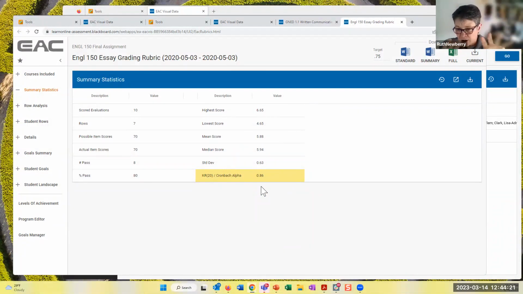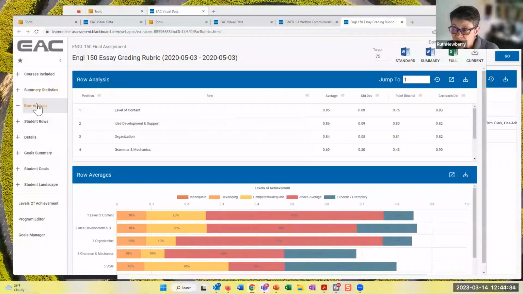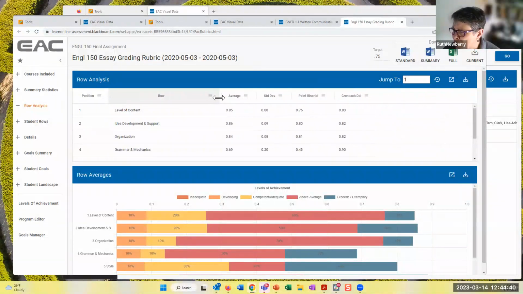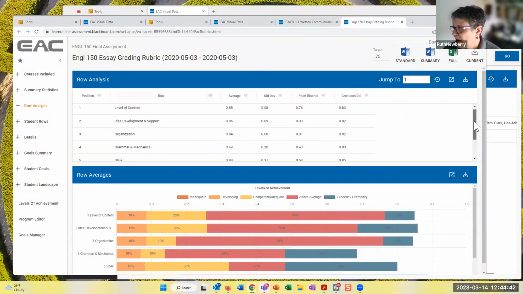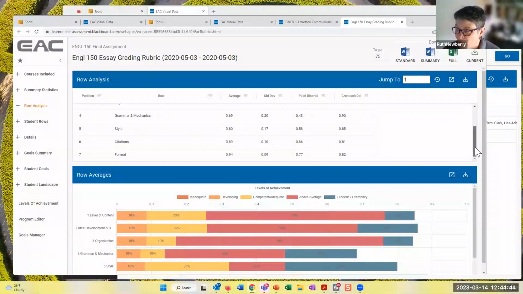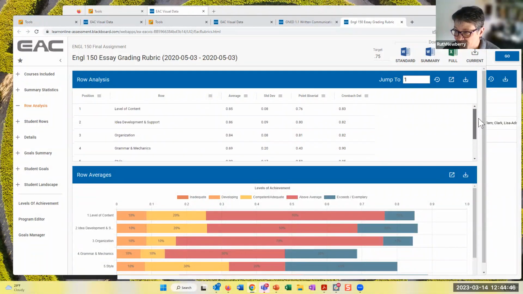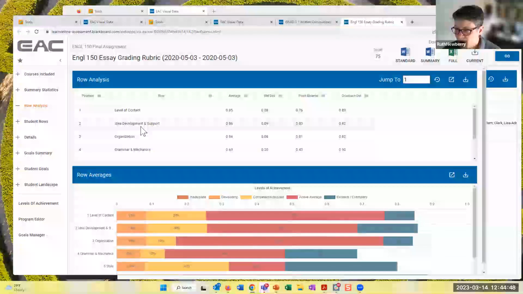My low scorers are tending to consistently be scored where they statistically would be, with high scorers scoring above. Now, next level, let me look at it row by row. Remember, we had 7 different rows. So here are my 7 rows, which are the criteria in my rubric.